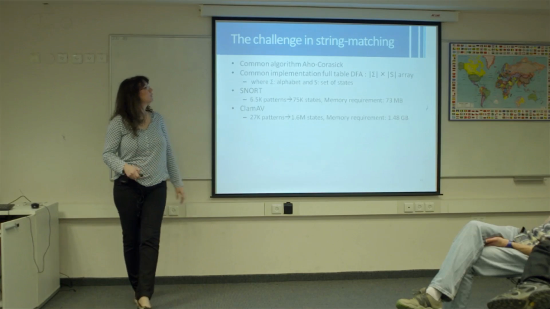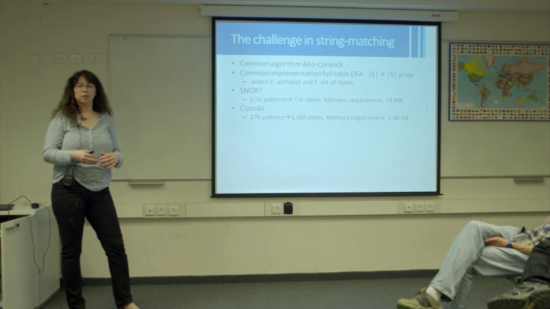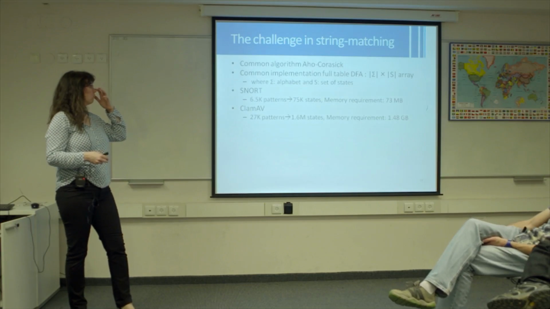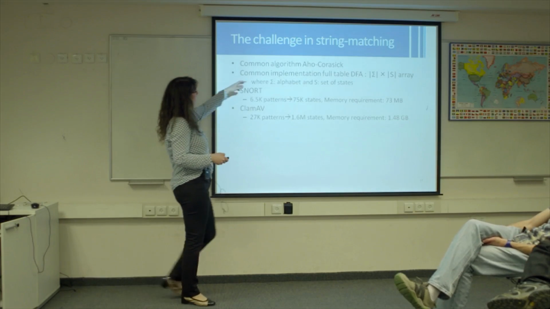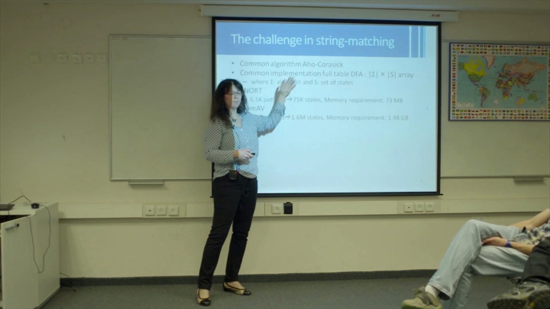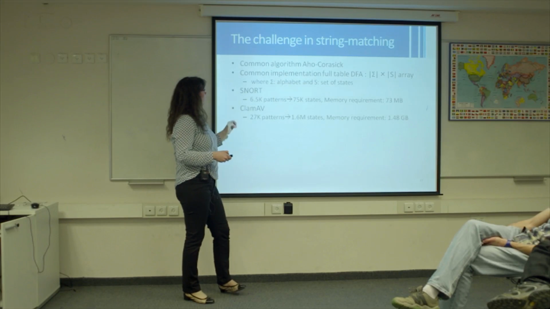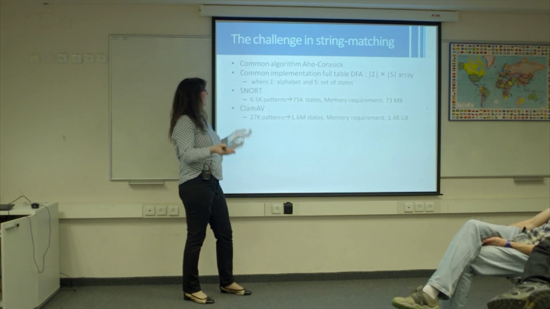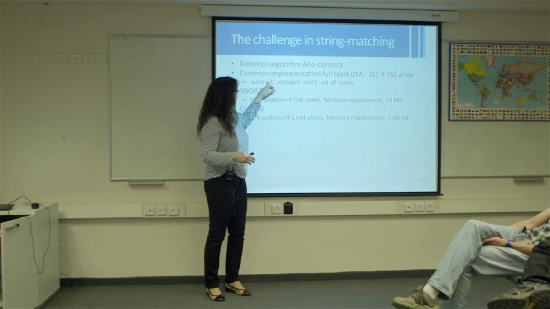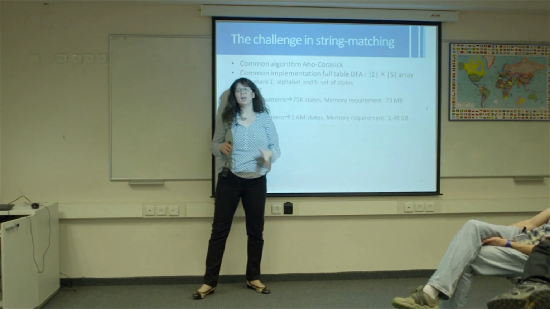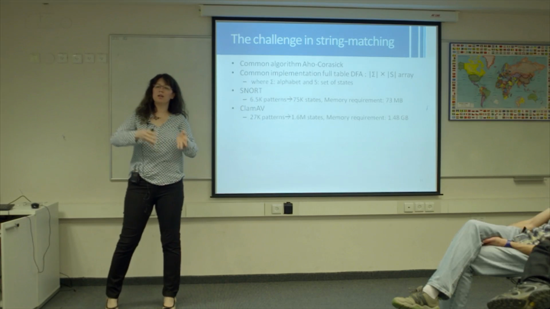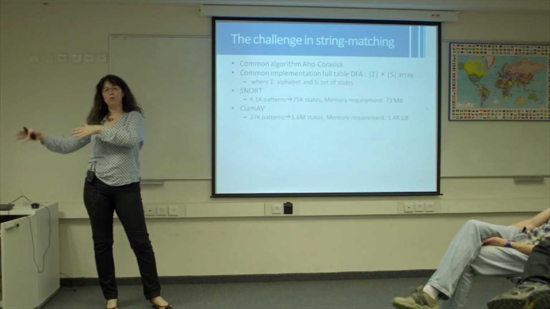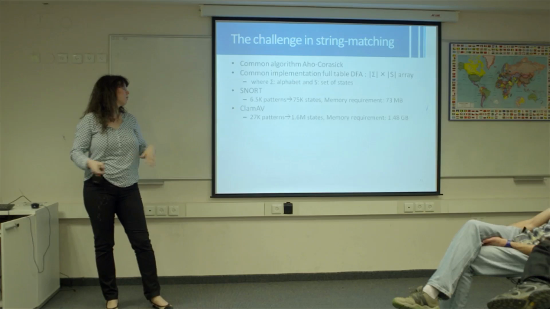Okay, and what about string matching? It should be easier. The common algorithm for string matching is Aho-Corasick, which builds the DFA. Usually they store a full table DFA, which means they have an array of every state and every alphabet symbol. And then for a given state and a given character, they move in one memory read to the next state.